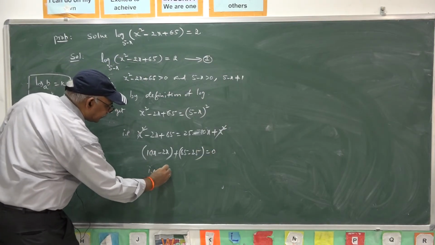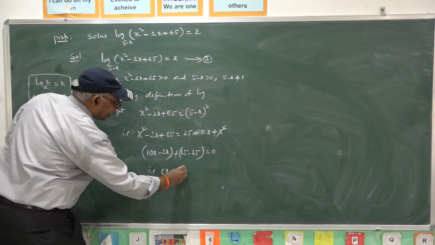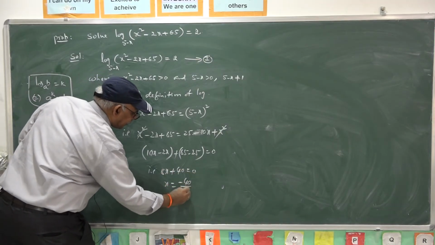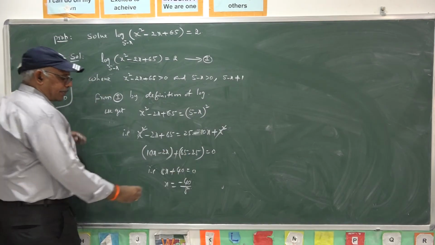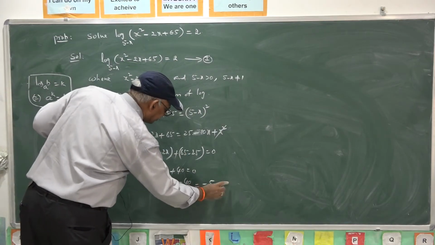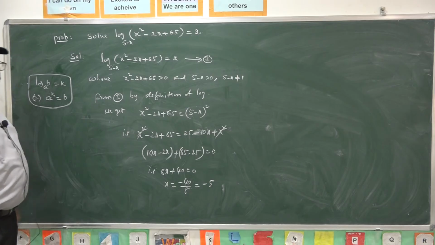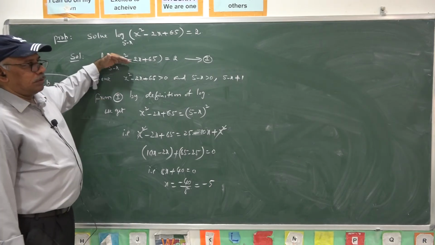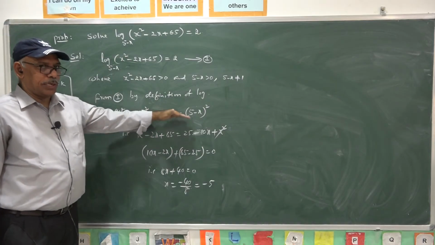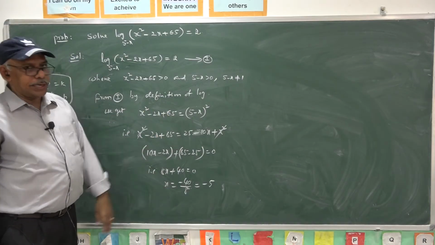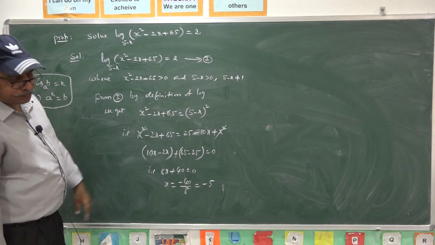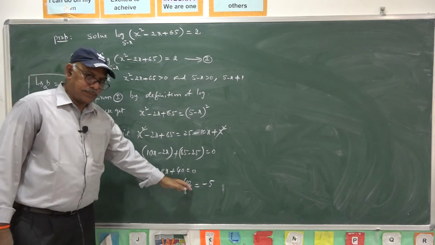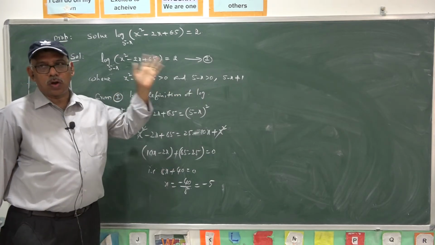That gives us 8x plus 40 equal to 0. x takes the value minus 40 by 8, which is minus 5. So, this one is reduced to a quadratic and we are getting a unique value here. Now let us check whether this value of x satisfies this relation or not.